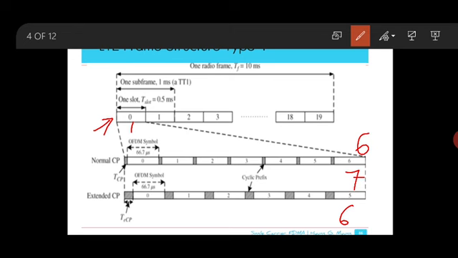For the normal CP, each symbol duration will be 66.7 microseconds. That is the OFDM symbol rate.